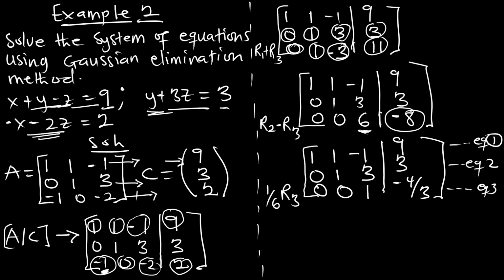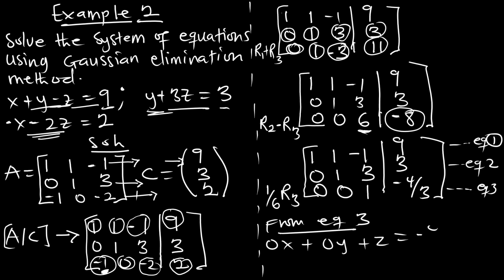So from equation 3, the third row, I can write it as 0x plus 0y plus 1z, which is z, equal to negative 4 on 3. This means that our z, because the rest are 0, is equal to negative 4 on 3. Are we good?